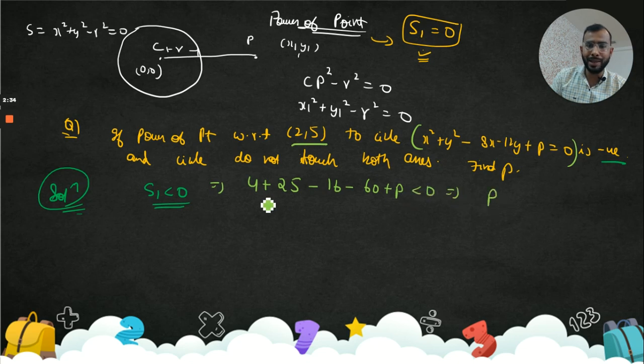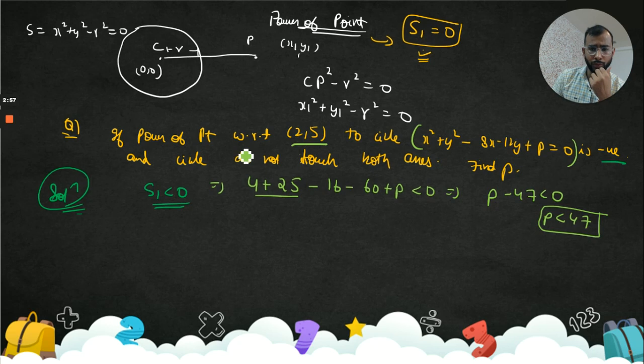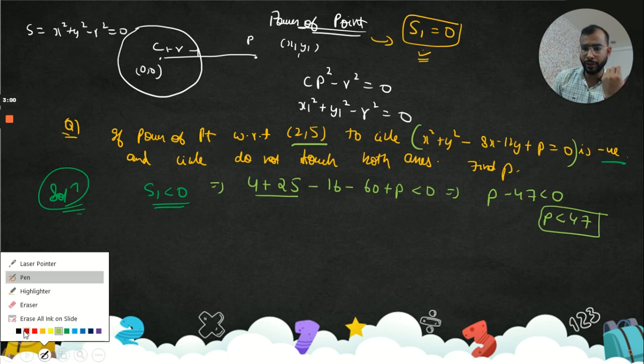So I get p, then 29 minus 76, which is 47. So p minus 47 is less than 0, so p is less than 47. That is the first condition. Is this the answer? No, there is some other data also given to us.